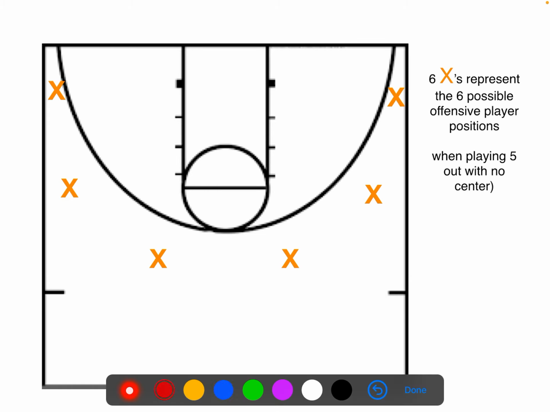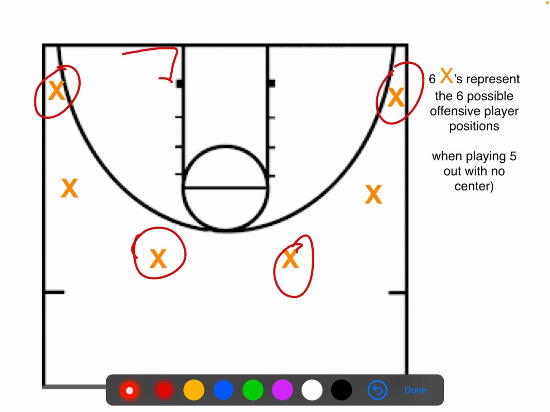First thing, when we're working in flow offense, we really have 4 main spots on the perimeter. And if we have those 4 spots filled on the perimeter, we would have somebody in the dunker spot, either on this side or this side.